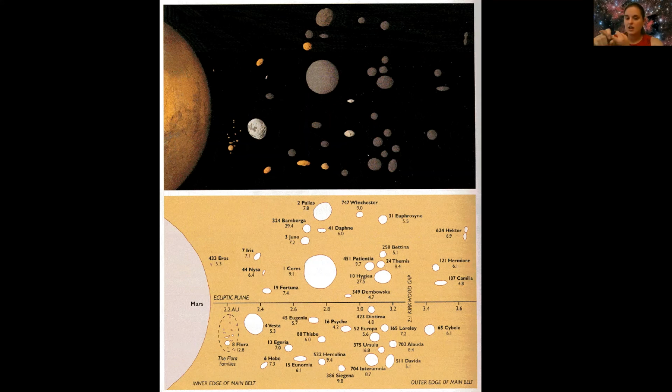And lastly, it has to clear its orbit of objects as big as itself. That's why Ceres is considered a dwarf planet, because since she exists inside the center of the asteroid belt, there are objects similar to her size that she hasn't cleared her orbit from. But she still is a spherical object that is inside the asteroid belt.